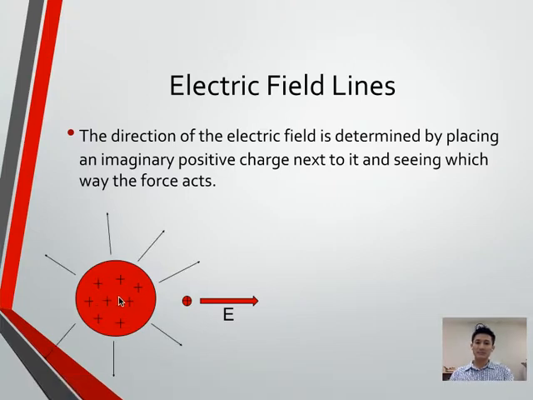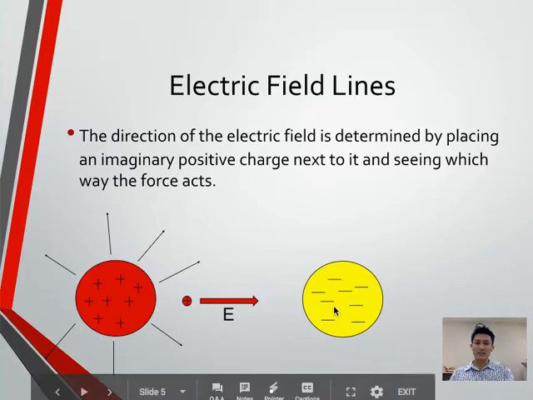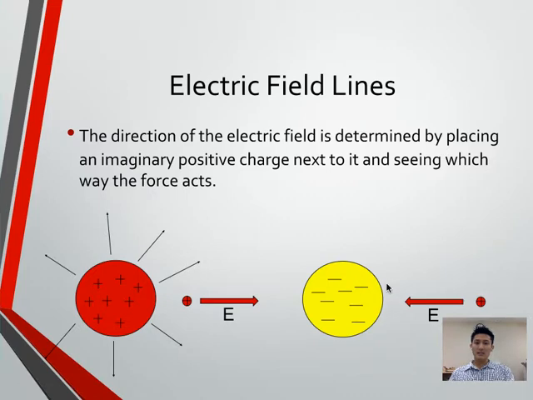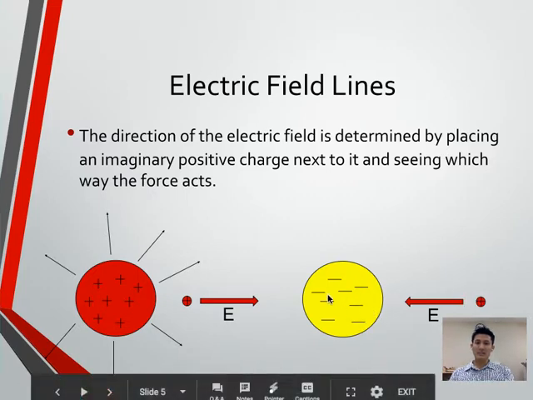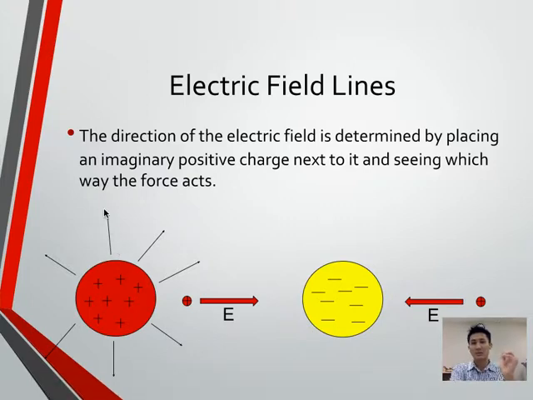And vice versa. If we have a negative electric field and our test charge is drawn towards it, that means it's a negative electric field. Because a positive charge is being attracted to it or repelled from it, we draw arrows to represent that motion, the direction of this electric field. Remember, it's based upon a positive test charge.